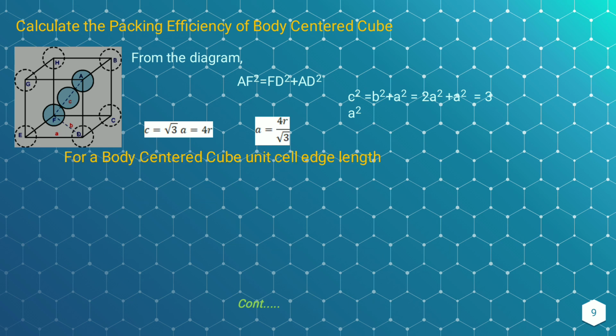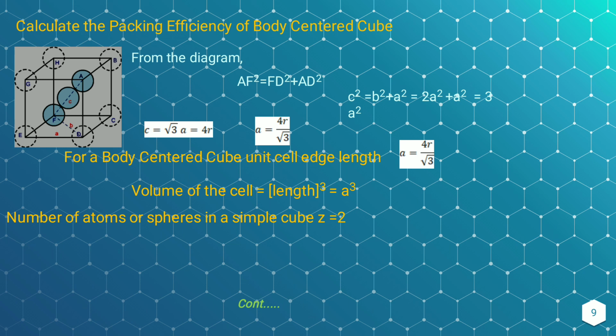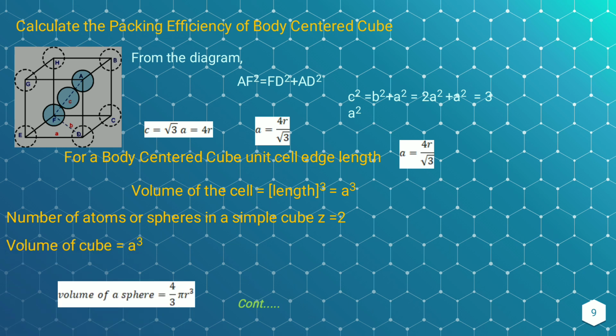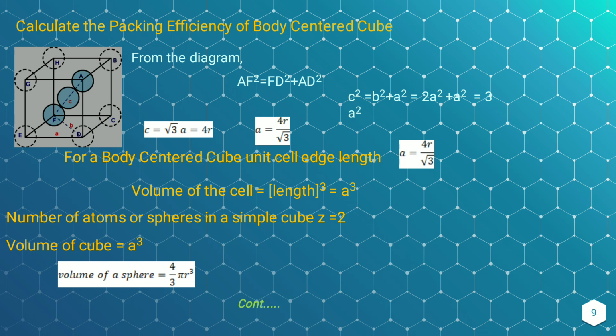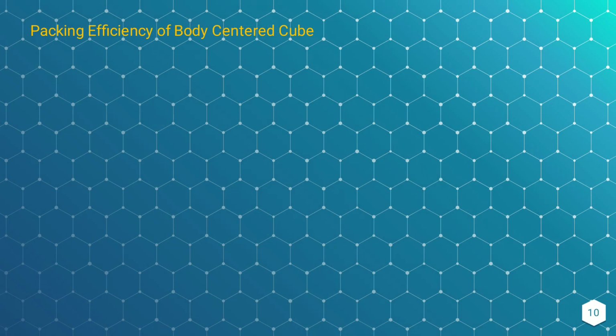So for a body centered cube, we know that the edge length A is equal to 4R divided by root 3. Unit cell has got the volume A cube, number of particles 2, volume of a cube represented by A cube. Now volume of a sphere is 4 by 3 pi R cube. Substitute that in the formula.